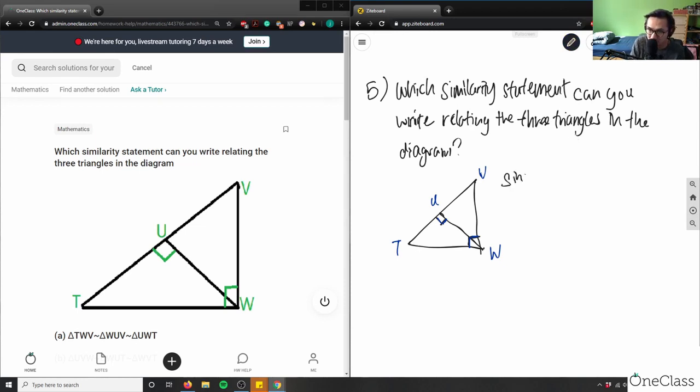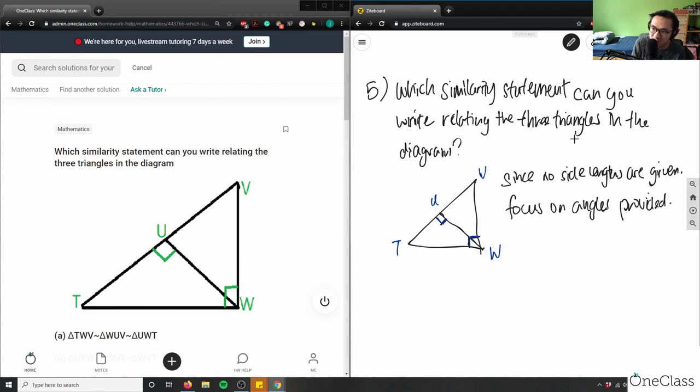Since no side lengths are given, focus on angles provided. So take a moment to think about this problem again, and then we'll take up this answer as a group.